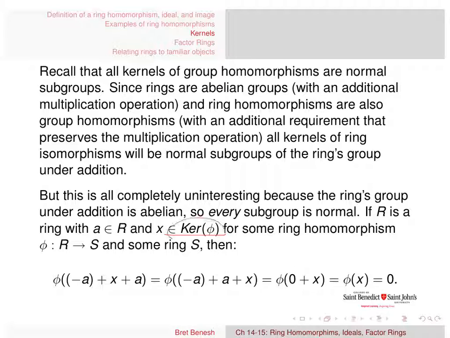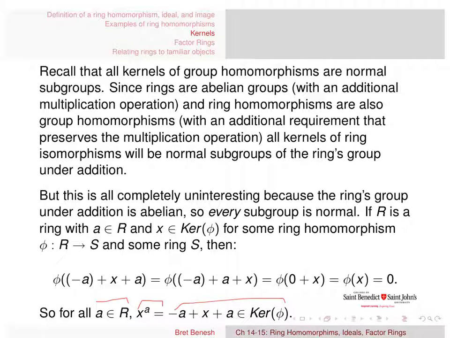If you have something in the kernel, then of course you can conjugate and get something still in the kernel. This is not terribly interesting, because we're in an abelian group. So for every element in R, when you conjugate something in the kernel, you stay in the kernel. Great, so the kernel is normal. We know that now. So we have a normal subgroup. Kernels of ring homomorphisms are normal subgroups when you are thinking about addition.